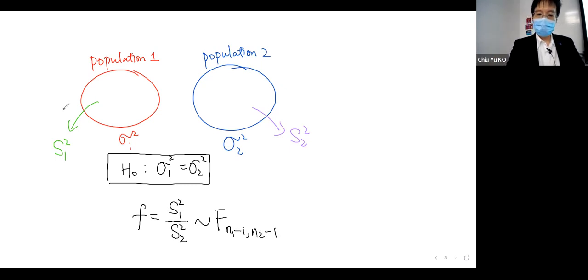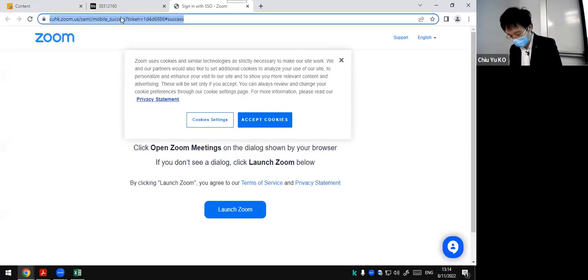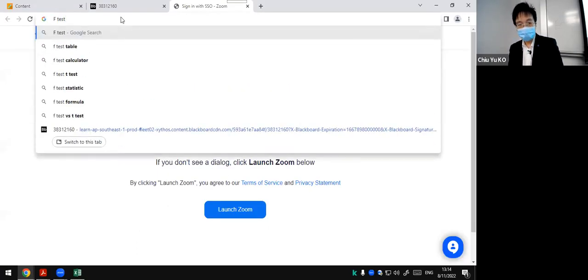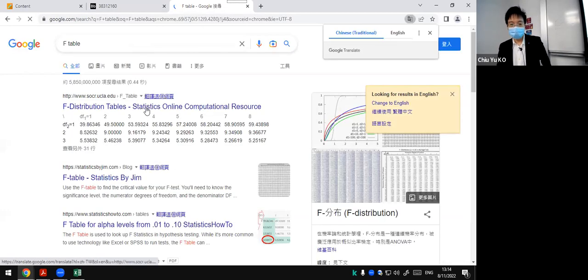Here I take n1 of sample, I take n2 of sample. So what table am I checking? F involves two different numbers. In case you are not entirely sure, I would go to the F table on the web, then you will see what I mean by two different things.